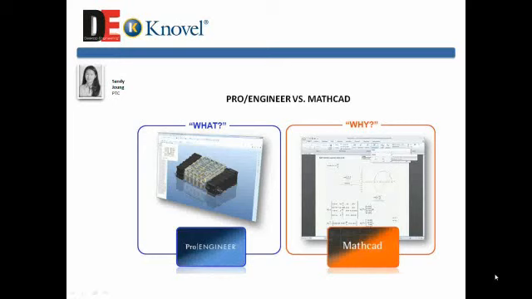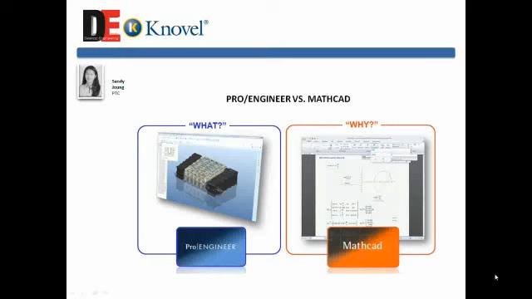Whereas MathCAD is very complementary to that, and it captures the thought processes behind how something was designed. So it captures text, the math, the graphics, various what-if scenarios, design of experiment analyses.